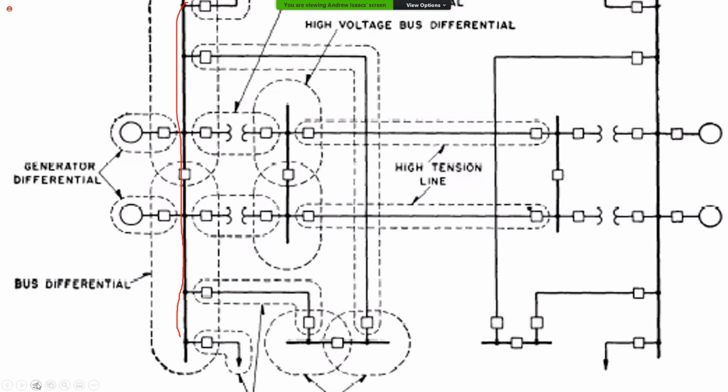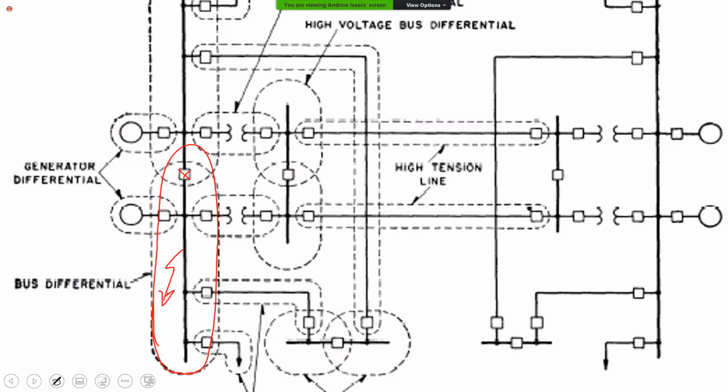Because if you note, this bus bar is sectionalized. Remember we're talking about the sectionalized bus when we're looking at substation fundamentals. So this is the breaker, and it breaks the bus bar into two. So that's why you have this zone for the bus bar. So you have this fault, and it's on that bus bar.